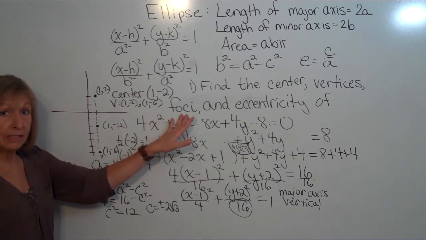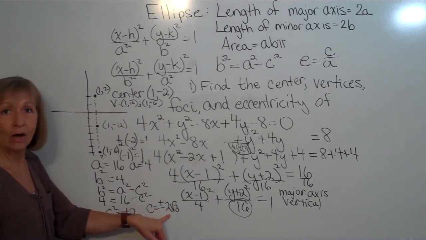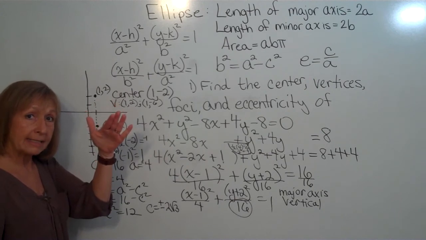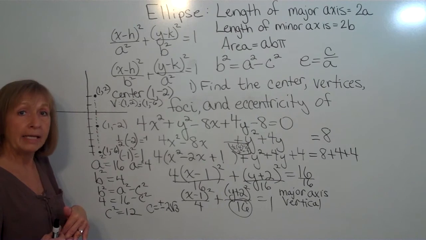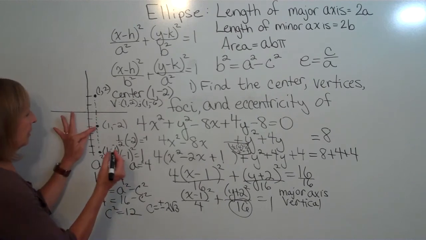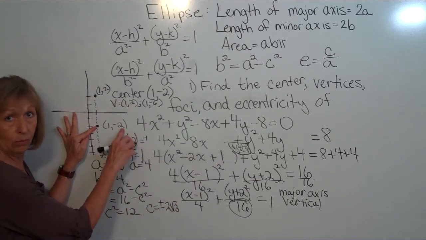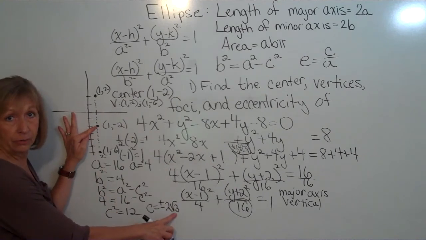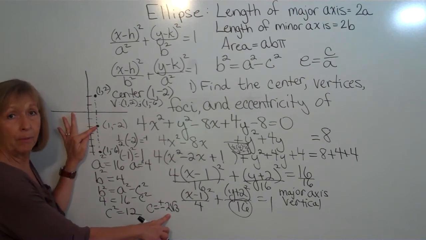Now for the foci, they are the c distance away from the center, still on that major axis. So that will be added to and subtracted from the y coordinate of your center. So when I think about adding 2 square roots of 3 to the y coordinate, well, square root of 3 is about 1.732, multiply that by 2, I get about 3.464.